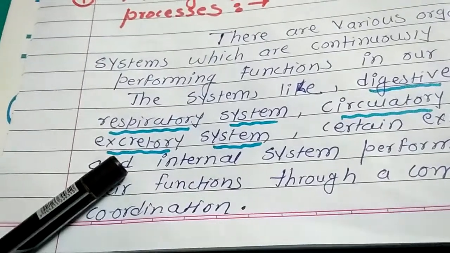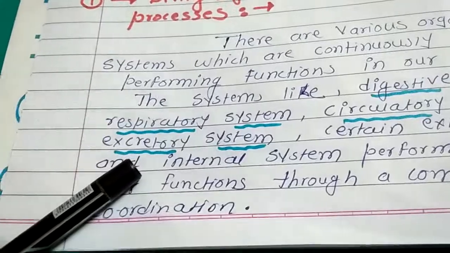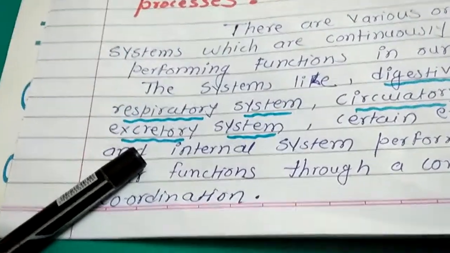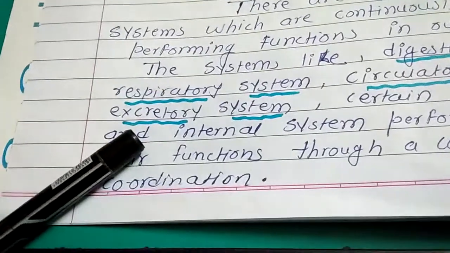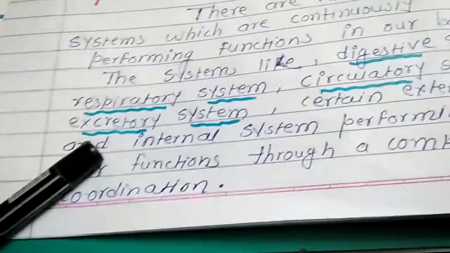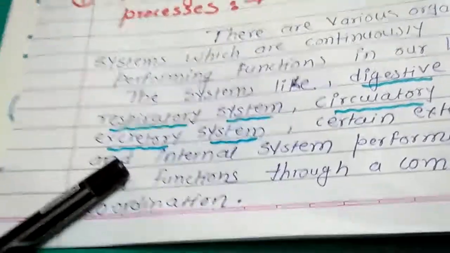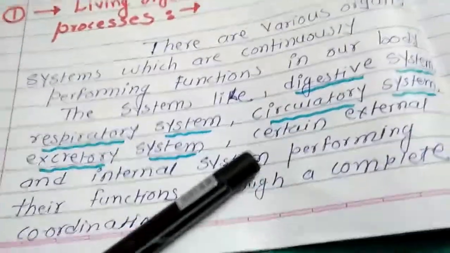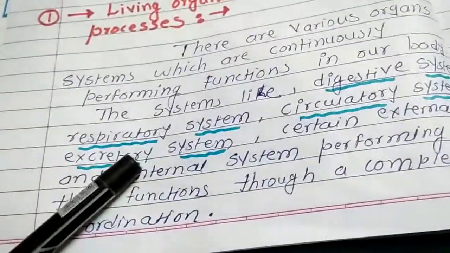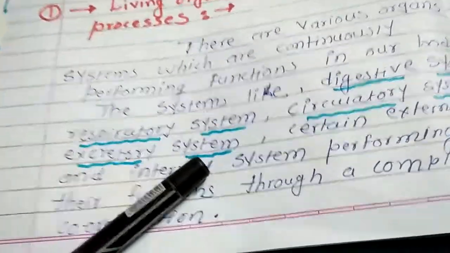They all need energy. They need lots of energy to perform their functions, and therefore we need energy for performing all these activities in our body. That is the digestive system, respiratory system, circulatory system, excretory system and nervous system.